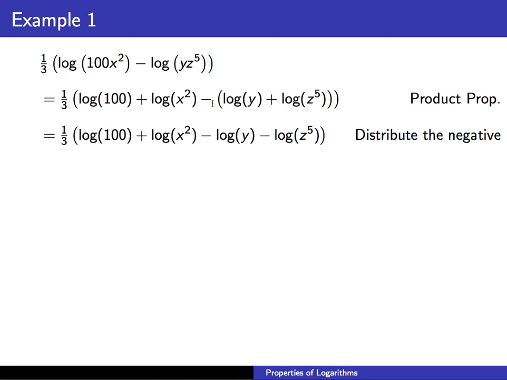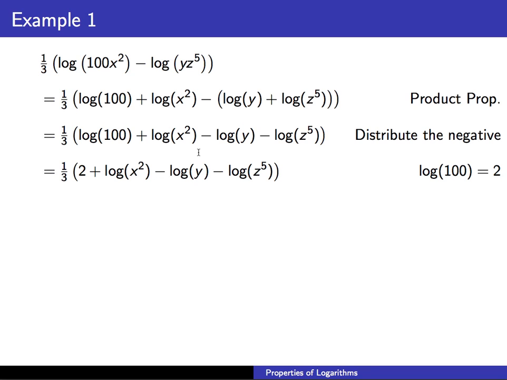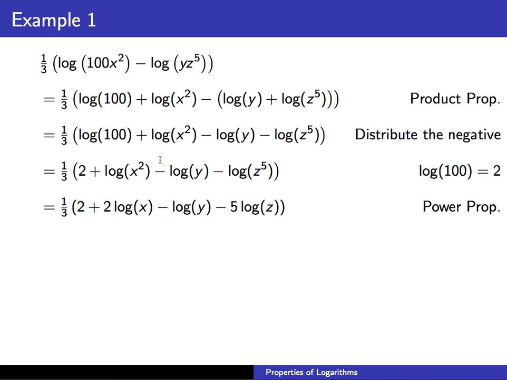Distributing this negative that's in front of the log y plus log z to the fifth, we get minus log y minus log z to the fifth. And then using the fact that log of 100 is 2, we can rewrite this first expression. Everything else we can keep the same afterwards. And then with the x squared and the z to the fifth, we can use our power property to bring those powers down.